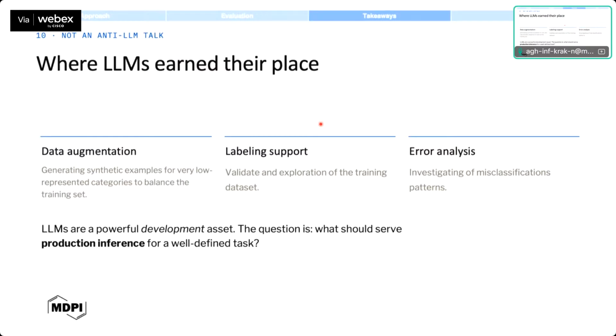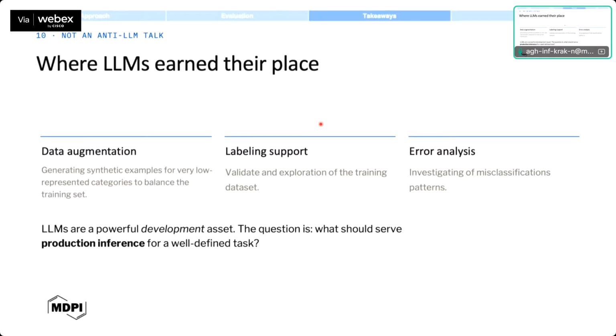Also for labeling support, we would validate and explore the training dataset using LLMs to try to find gaps and potentially misleading or debatable categorizations assigned to our manuscripts. And also for error analysis, right? Every time we train a new model, we could run the LLM and try to understand why we were having such misclassifications, and when the model was assigning categories that the author didn't have, or the other way around.